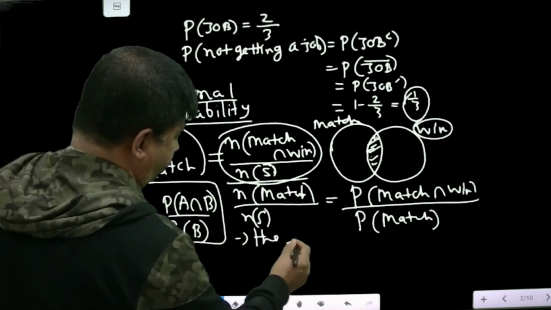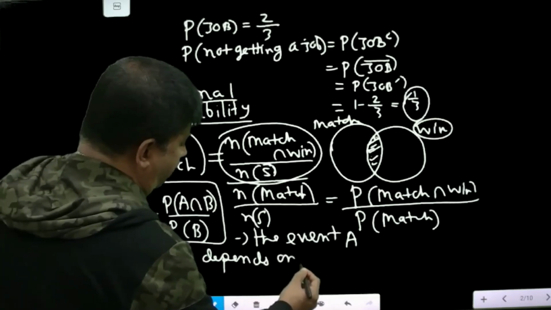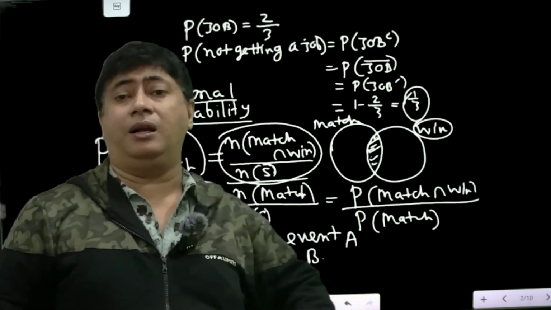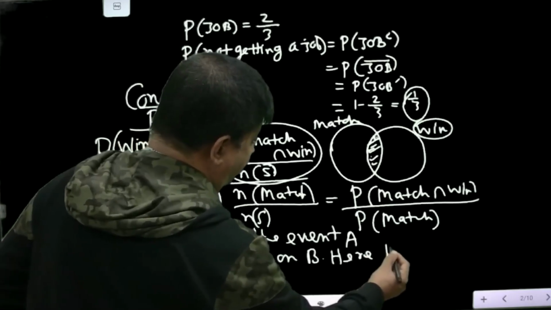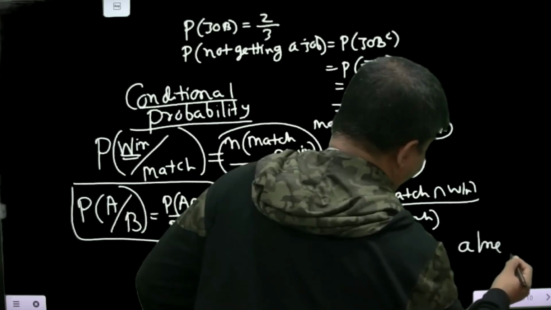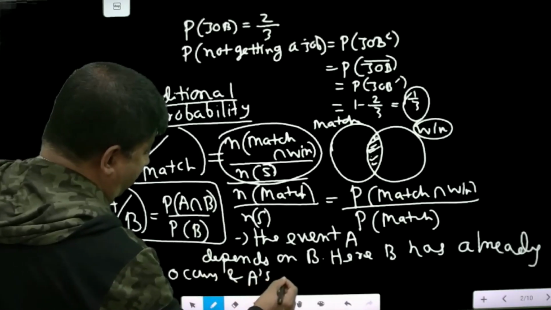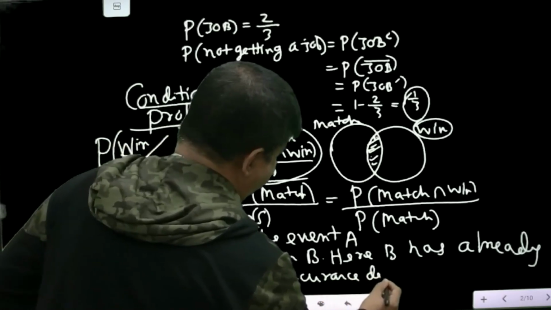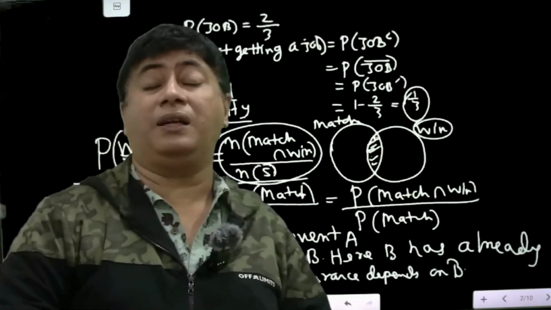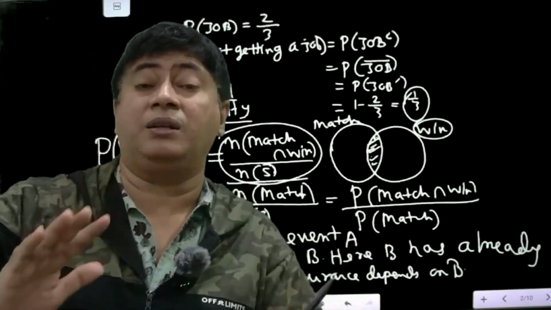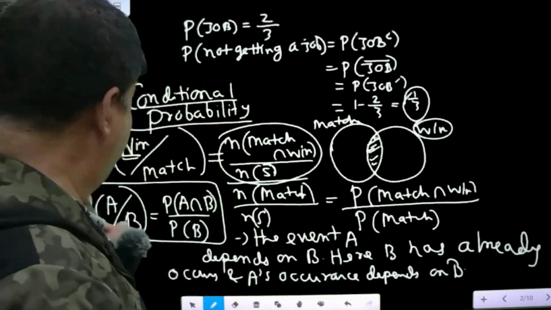Here the event A depends on B. So B has already occurred and A's occurrence depends on that. You can expect a result, but the result depends on the examination. Had the examination not been there, we would not have got any result related to that examination. Understand? So that is called conditional probability.